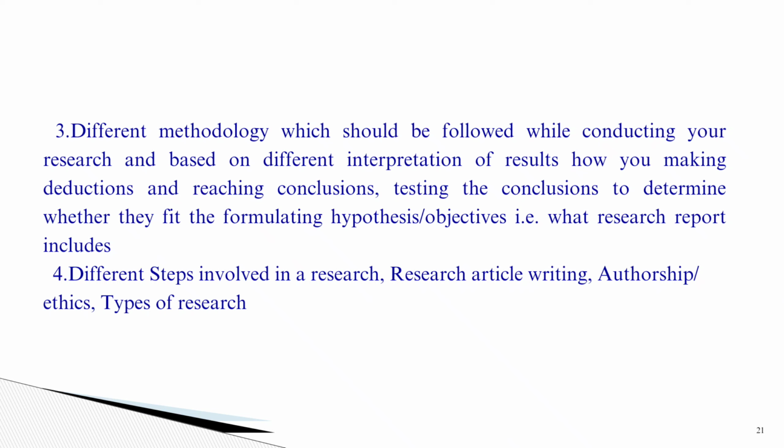Different methodology should be followed while conducting your research, and based on different interpretation of results, how you make deductions and reach conclusions, testing the conclusions to determine whether they fit the formulated hypothesis and objectives, and what a research report includes. Next are the different steps involved in research article writing, authorship, ethics, and types of research.